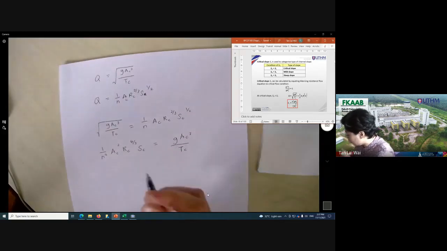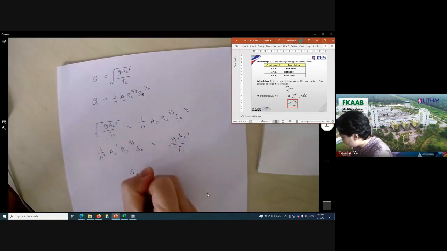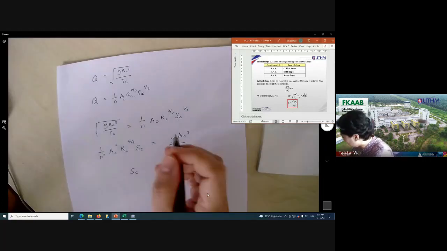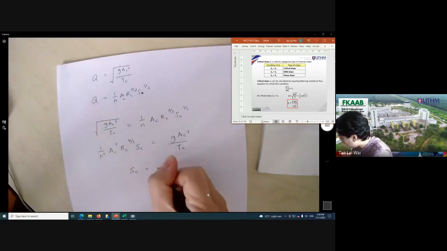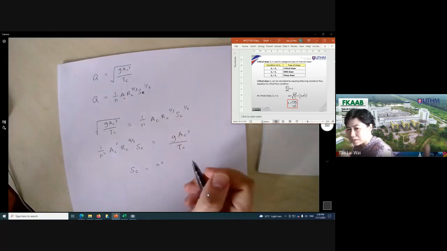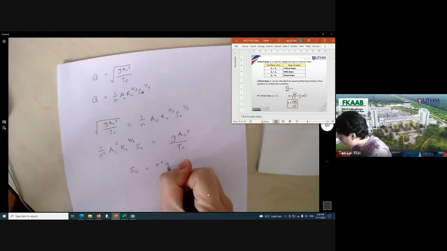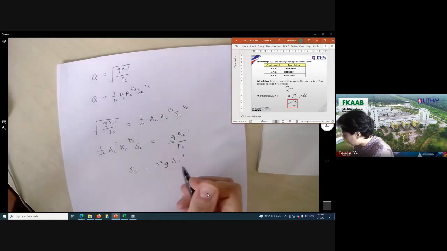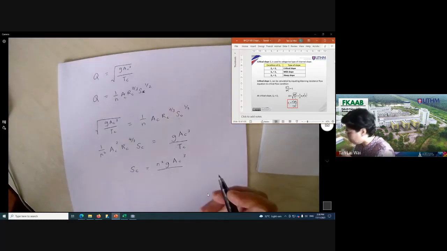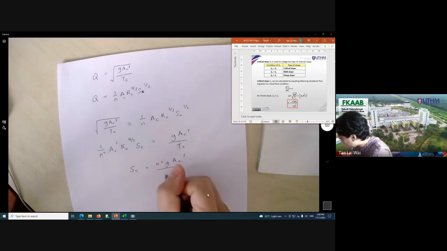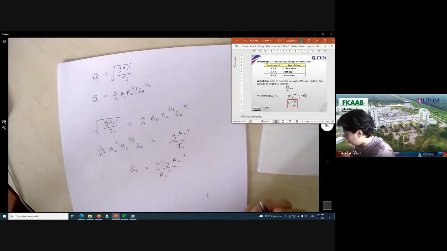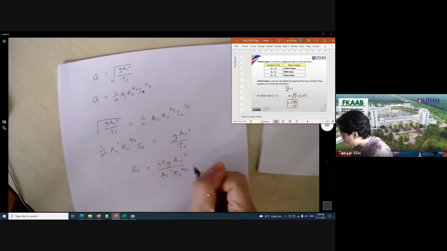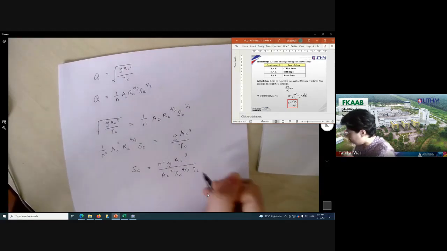So I'm going to rearrange this and move everything to the other side. I have N squared G, A C cubic divided by A C squared, and I have R C 4 over 3 and T C.